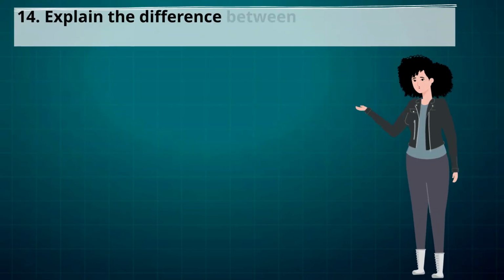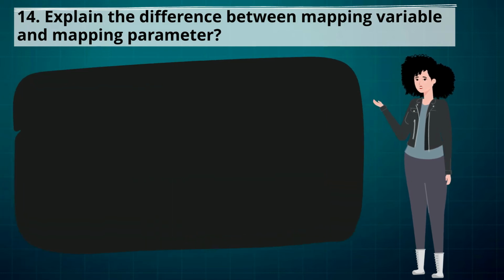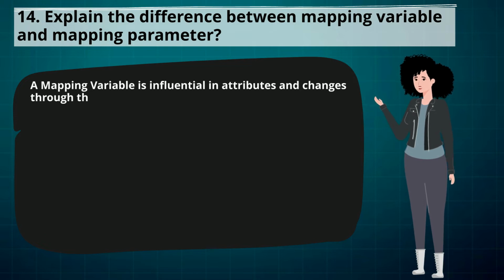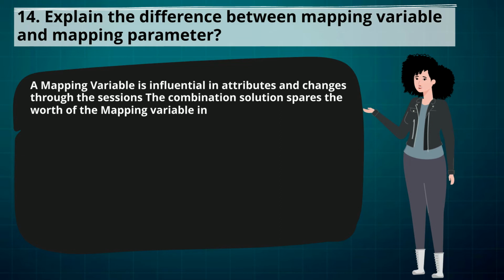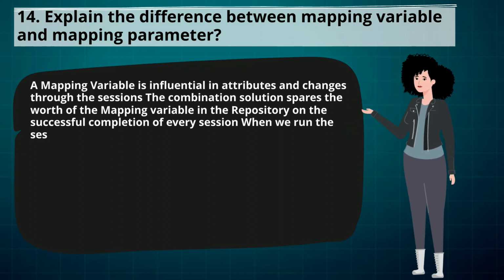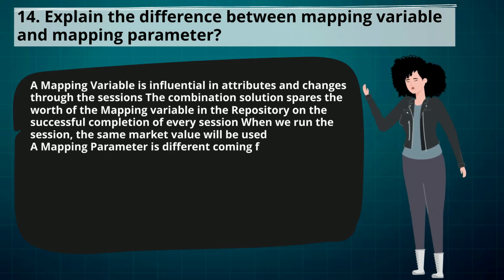14. Explain the difference between mapping variable and mapping parameter. A mapping variable is dynamic in nature and changes through the sessions. The Integration Service saves the value of the mapping variable in the repository. On the successful completion of every session, when we run the session again, the saved value will be used. A mapping parameter is different from a mapping variable.